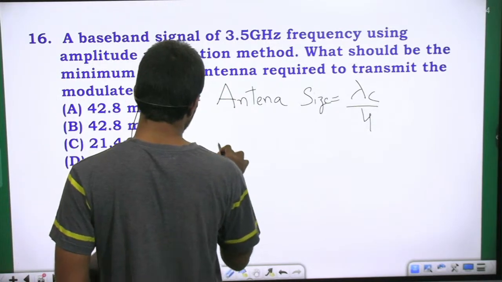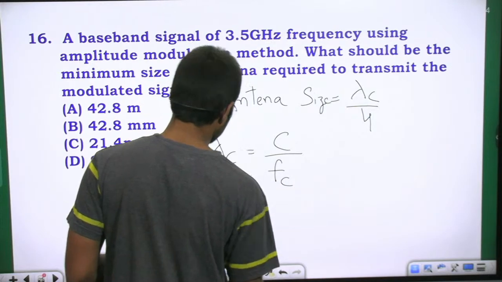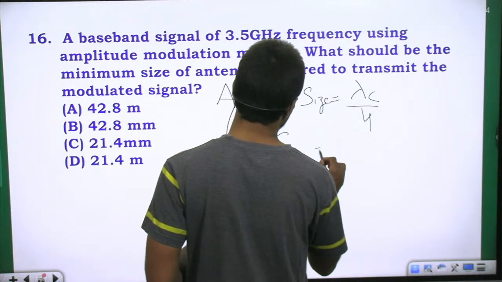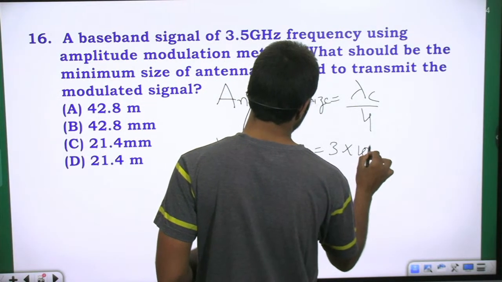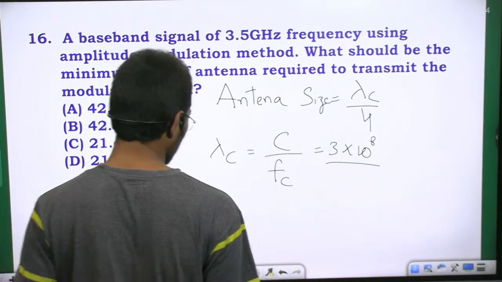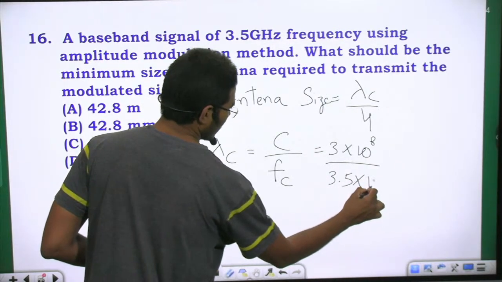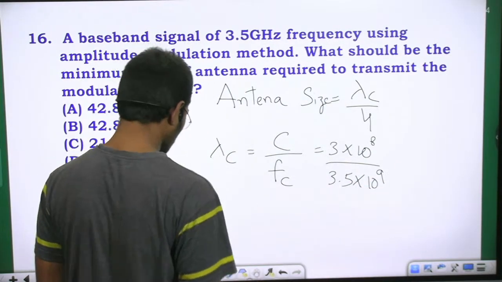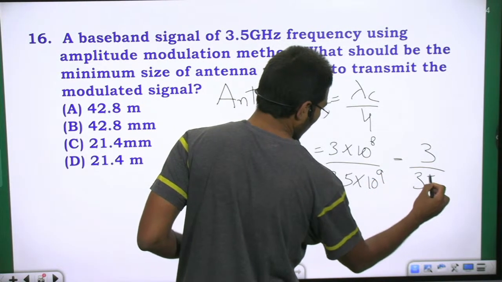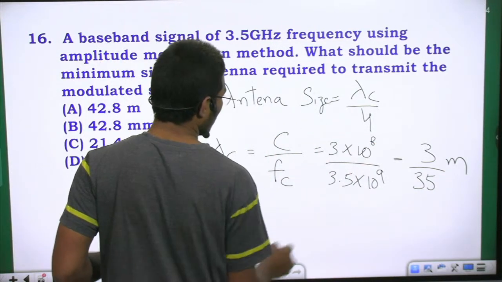So how do you find lambda? Lambda is C by frequency. What is C? Speed of light, 3 into 10 power 8. What is the frequency? 3.5 gigahertz, 3.5 into 10 power 9. So how much do you get? 3 by 35 meters. Is this the answer? No, it should be divided by 4 again.